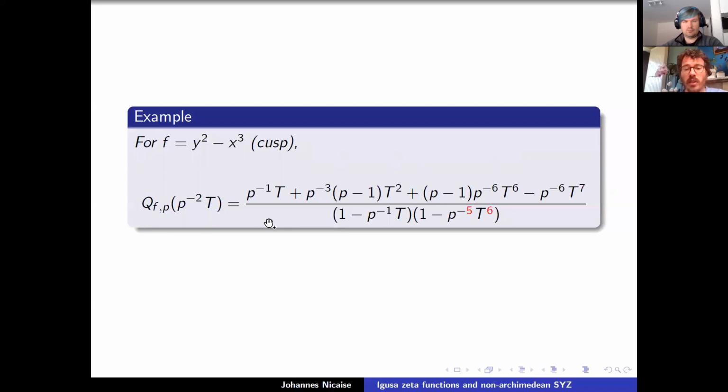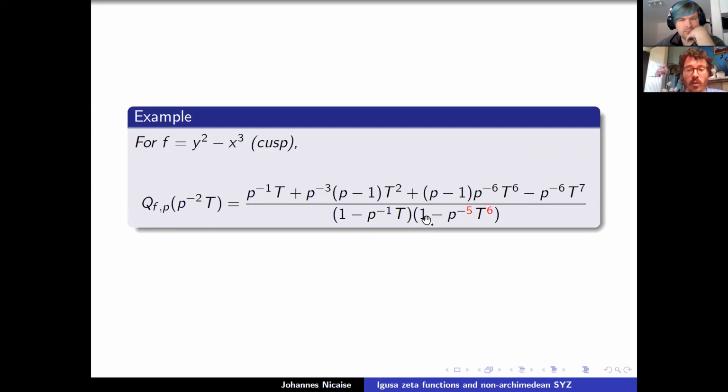Then we can express the series as a fraction with a pretty complicated numerator, which we won't say too much about here, and a denominator which contains two factors. So 1 minus p to the power minus 1 times t, and t. This is the factor that would also appear in the smooth case, up to this rescaling operation that we have performed.